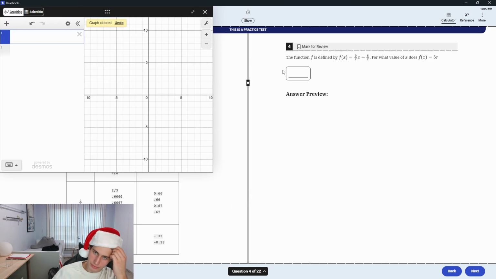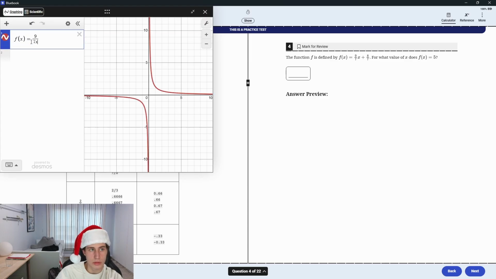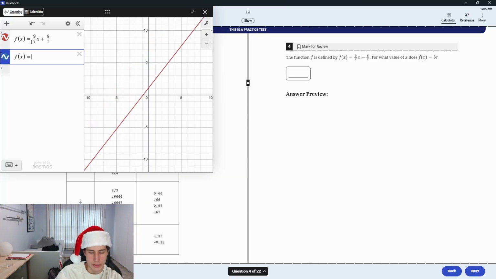The function f is defined by this. For what value of x does f of x equal 5? So we need to find where f of x equals 5.